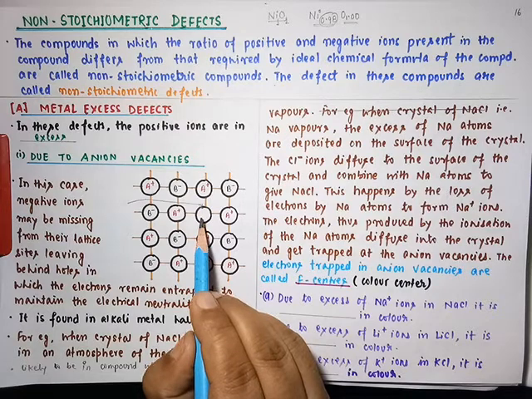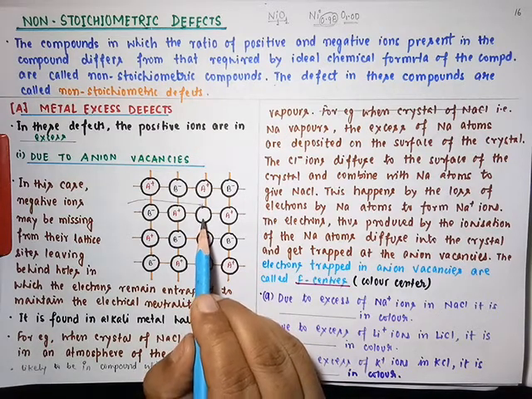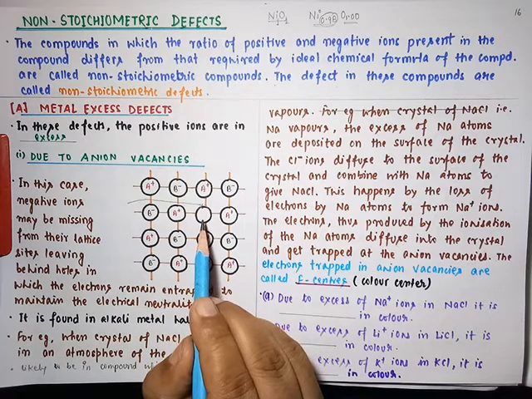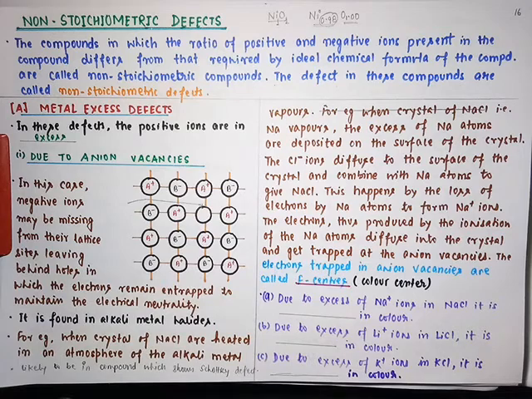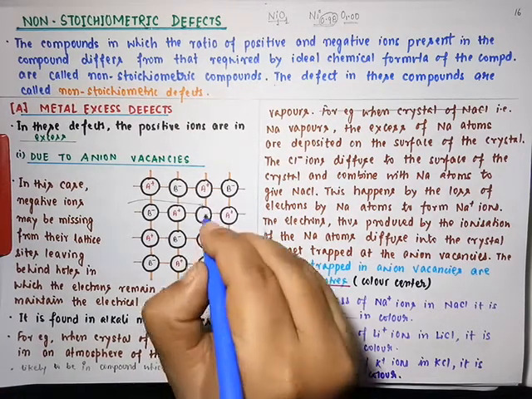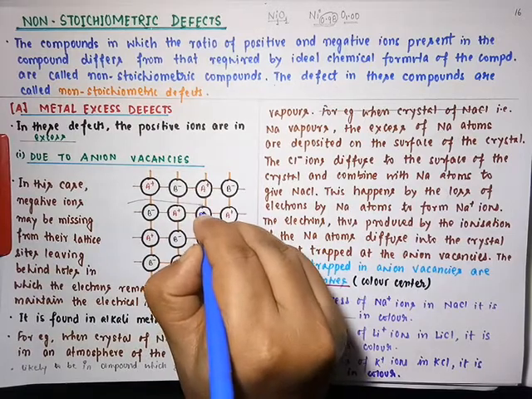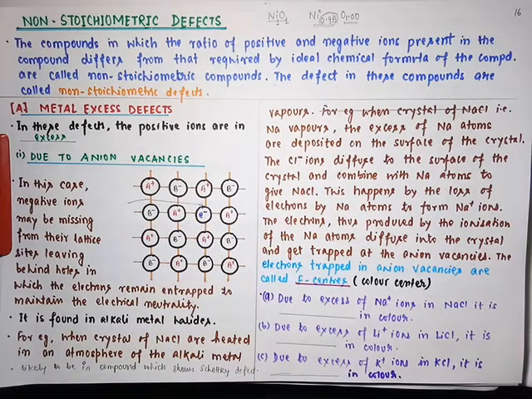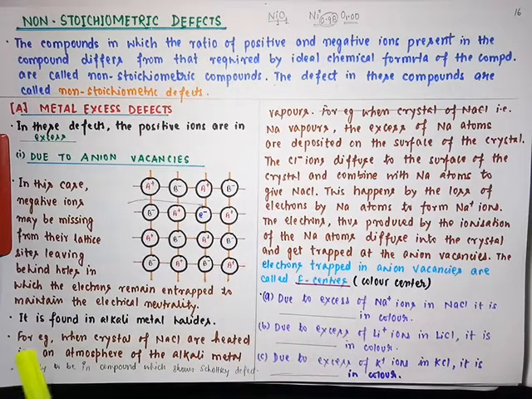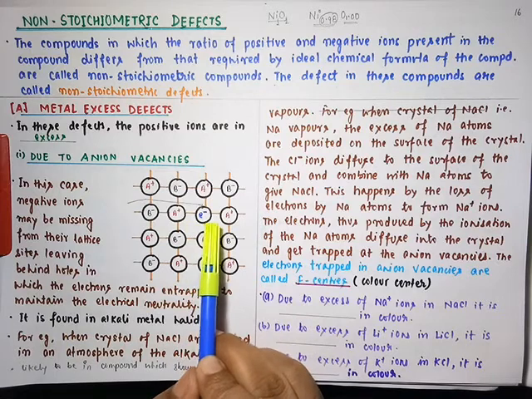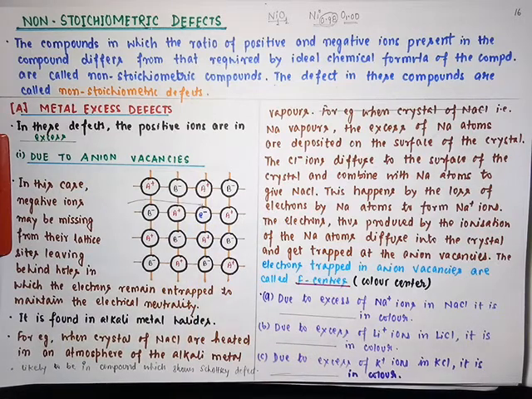So in order to maintain electrical neutrality, student, there should be the presence of a negative charge here, and here an electron is entrapped. This is the electron. Now some questions arise here: where B minus has gone and from where we have got this electron.